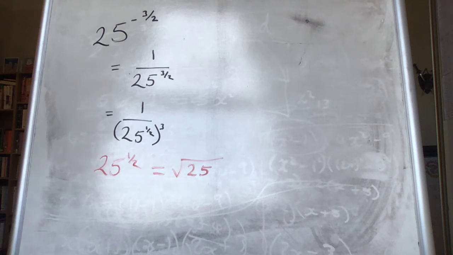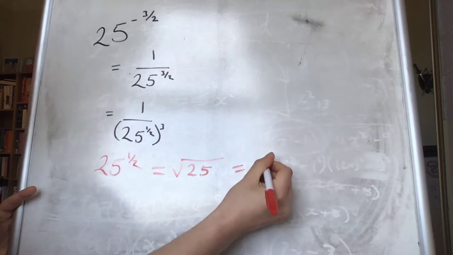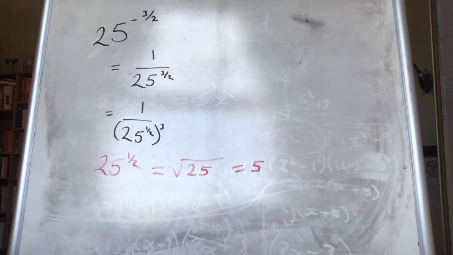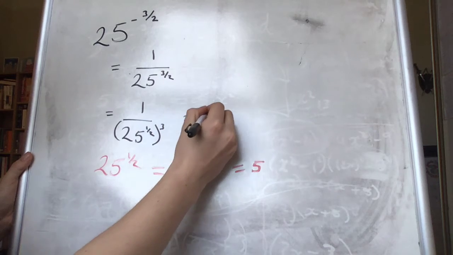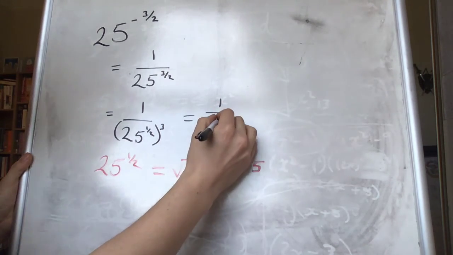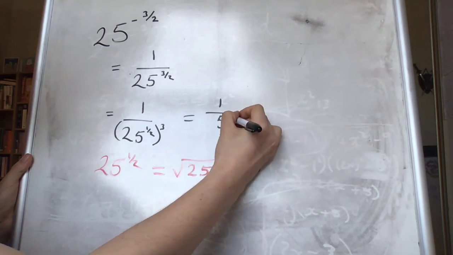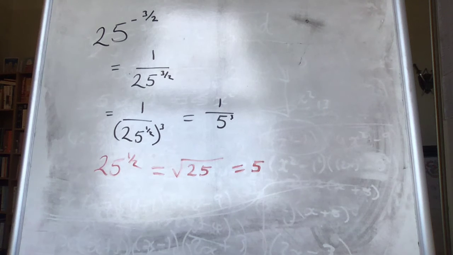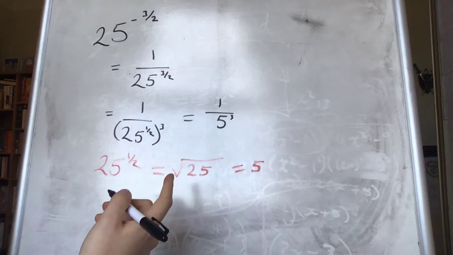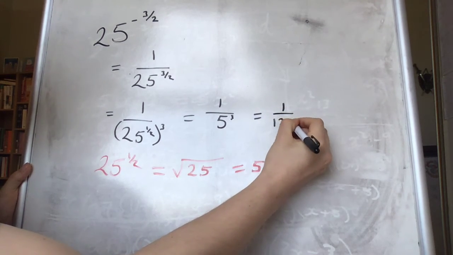And we know that the square root of 25 is equal to 5. So we can rewrite our expression above as saying 1 over 25 to the power of half, which is equal to 5, and then all of that to the third power, 1 over 5 cubed. And 5 cubed is just 5 times 5 times 5, which is equal to 125.